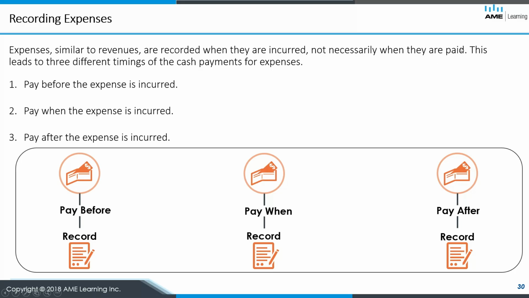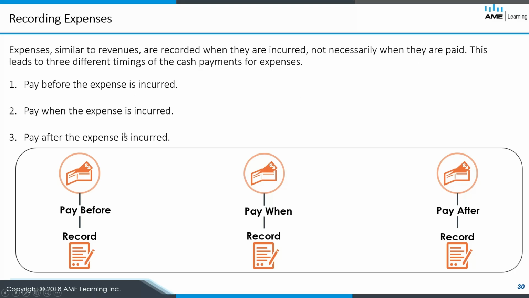So again, say that you're the customer now, you're not Comcast anymore collecting money, but let's say you use Comcast and you're getting your internet bill. Then you incurred that internet bill, say in January, for example, and then you get the bill in February and you pay it. You're going to record the expense in January because it was January's internet usage that you are looking at, even though you made that payment in February.